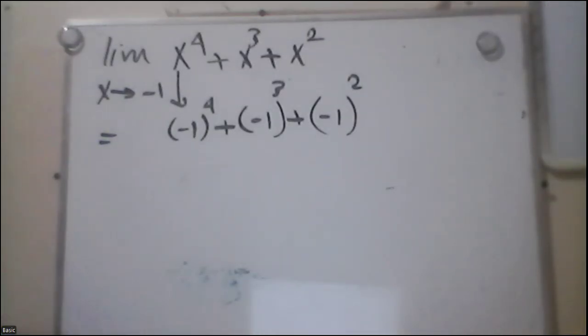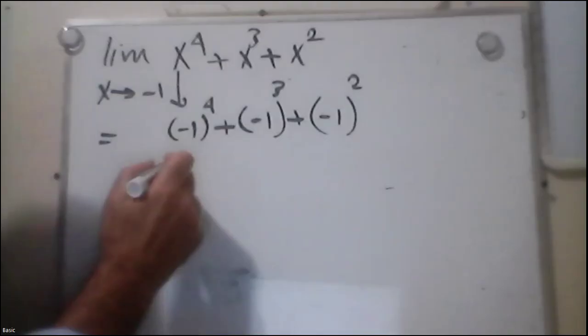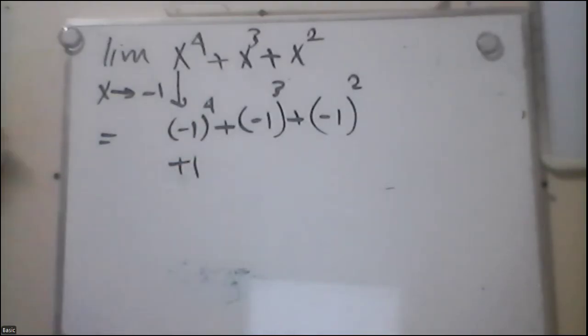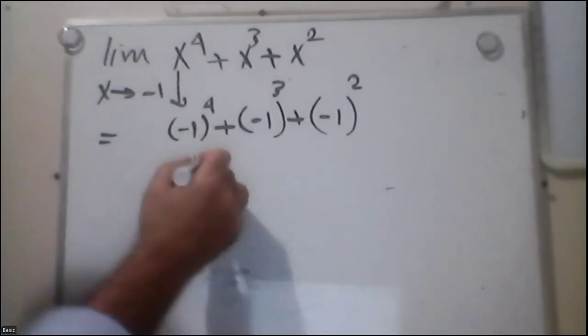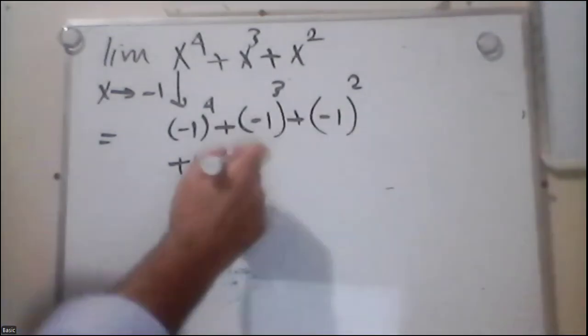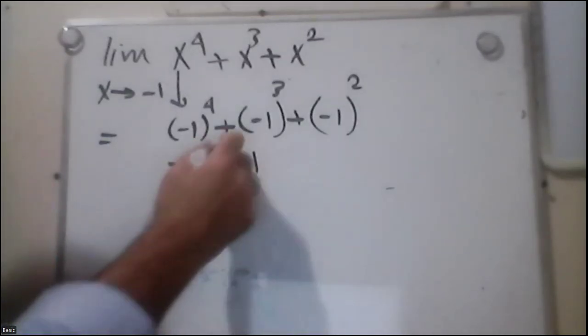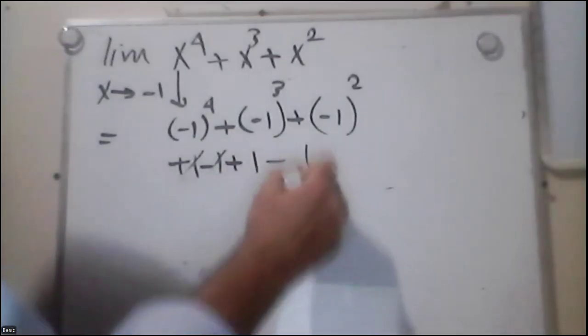Then this is positive 1, this is negative 1, and this is positive 1. So the 1 positive with the 1 negative will cancel each other, so the whole result is 1.